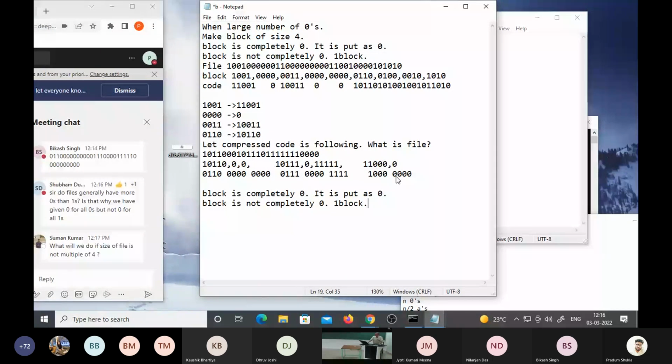Now, a block may be completely zero. Block is a single one. Block is not completely zero. There are other methods, Suman.